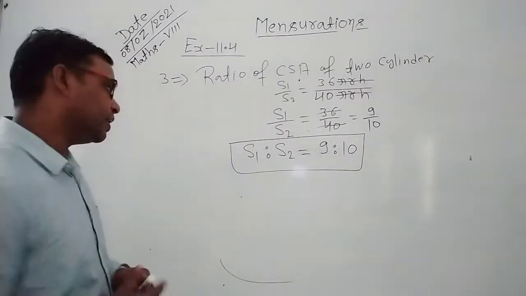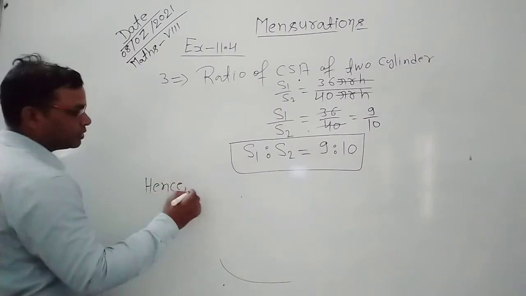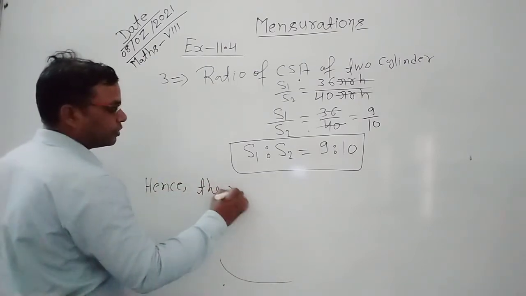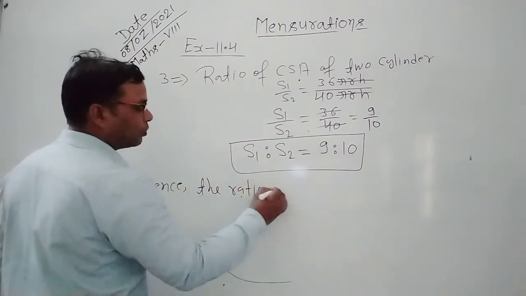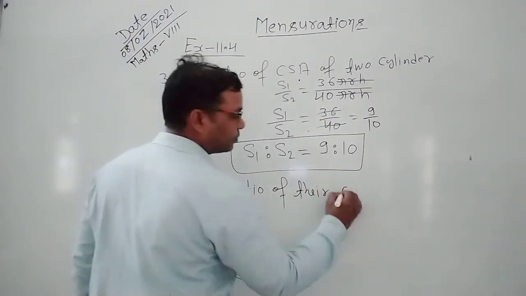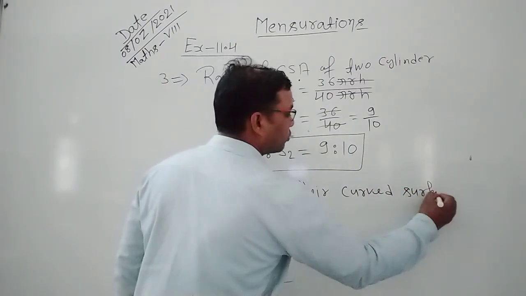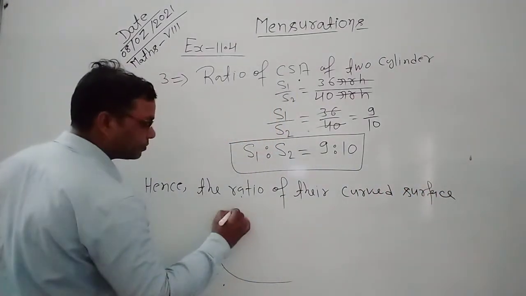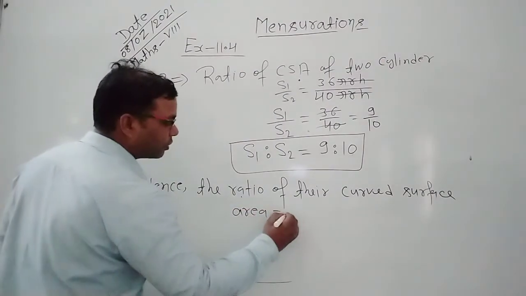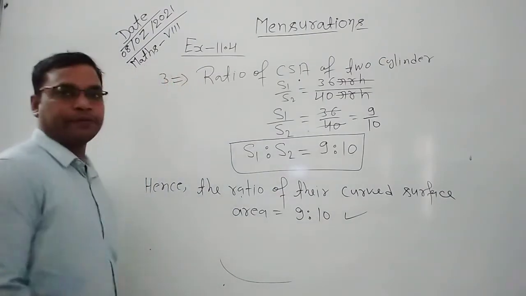So at last we can write, hence the ratio of their curved surface areas is equal to 9:10. This is clear.